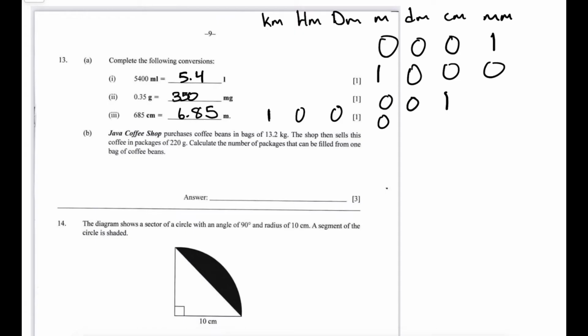So then we'll multiply the 13.2 kilograms by 1,000, and that will give us 13,200 grams, which means that we're going to now divide 220 grams into 13,200 grams.